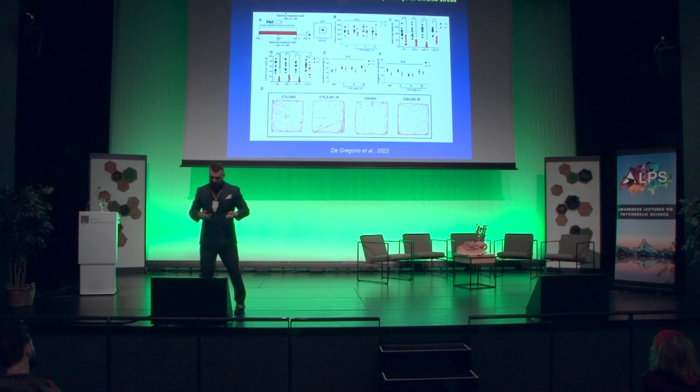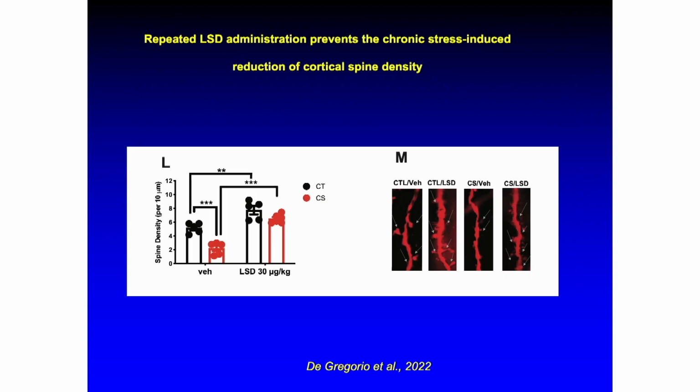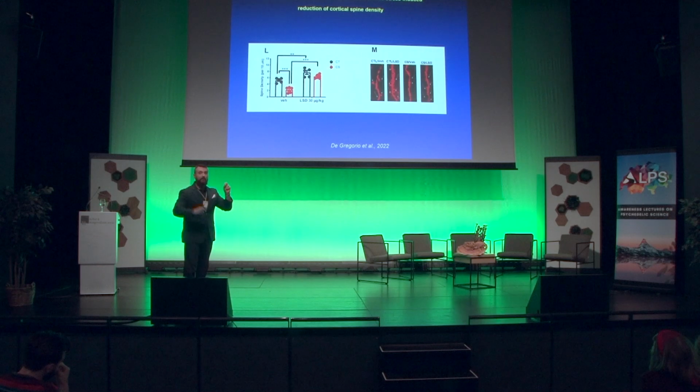And we found also that stress is correlated to a reduction in neuronal plasticity, and stress leads to depression and anxiety. This is very well demonstrated when we analyze the pyramidal neurons in the medial prefrontal cortex: there is a reduction in the number of spines.